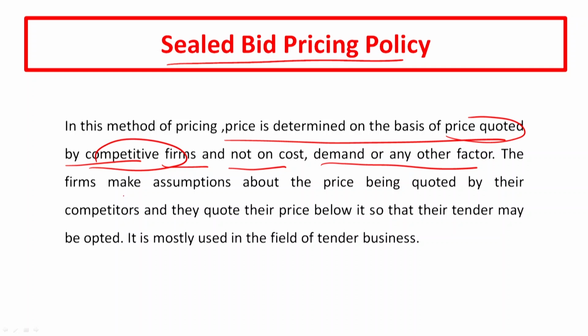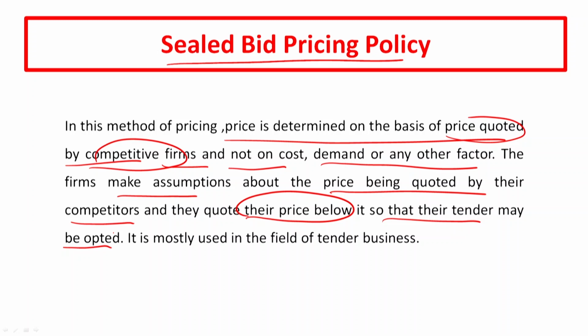The firm makes assumptions about the price being quoted by their competitors and they quote their prices below it. This is very important. They consider the prices of the competitor and they finally quote a price which is below their competitors so that their tender may be opted. It is mostly used in the field of tender business.